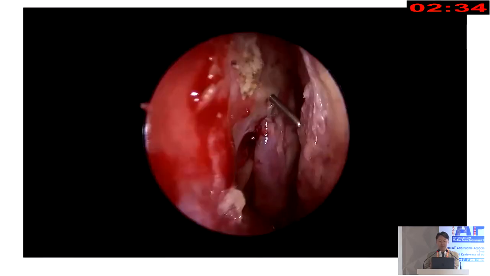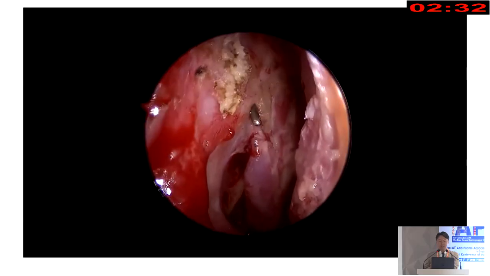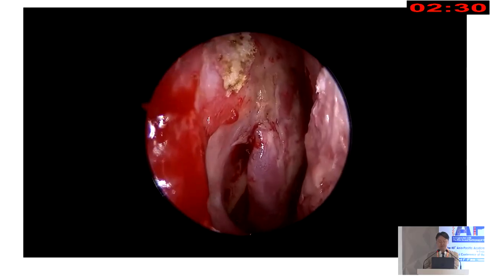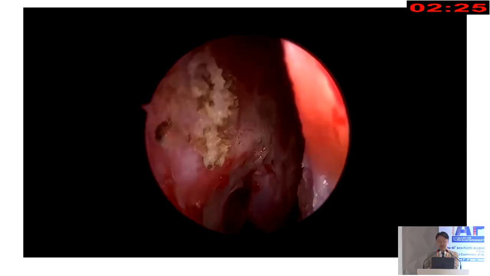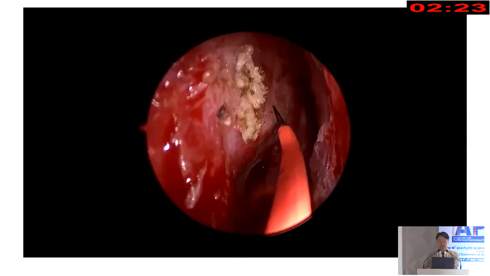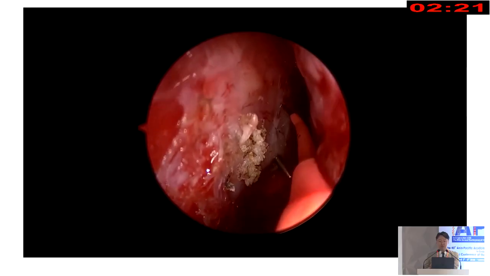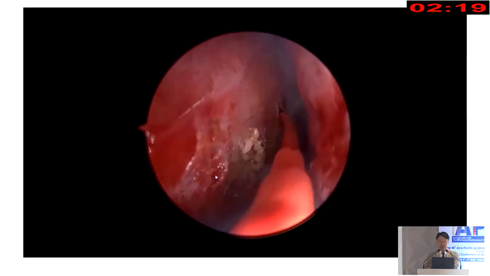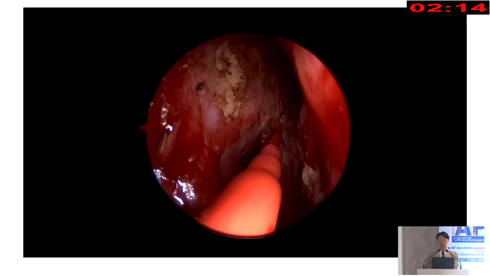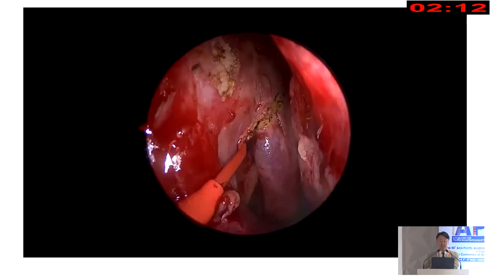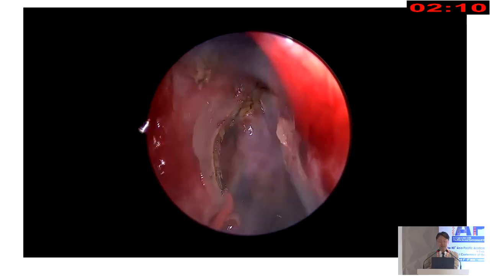A lacrimal probe is inserted for lacrimal sac mapping, suggesting the membranous obstruction. Again, monopolar cautery is used to make an incision on the nasal mucosa to cover the entire extent of the lacrimal sac.